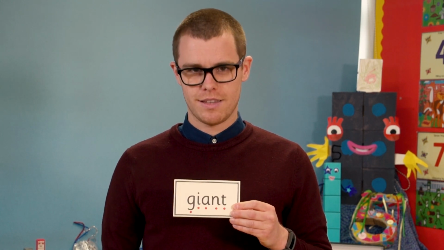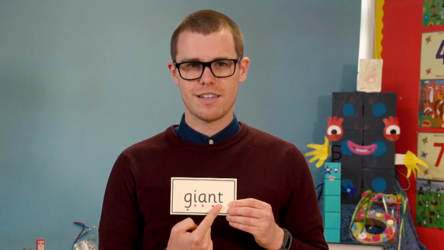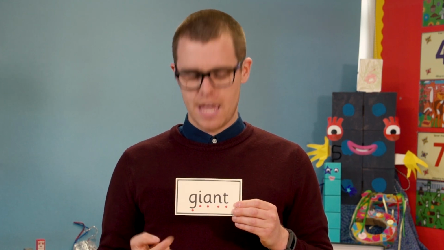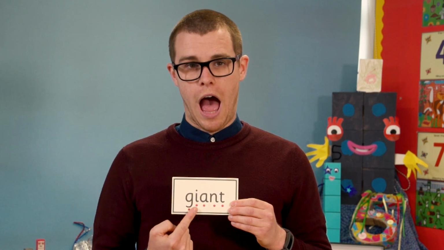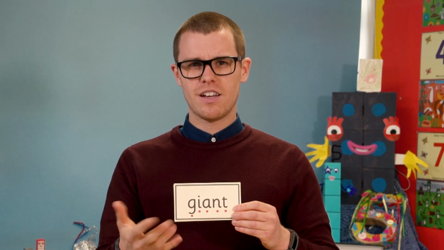Sound out and blend as I point. Now let's read the word together. J, I, a, n, t. Giant. But we say giant. Did you get it right?